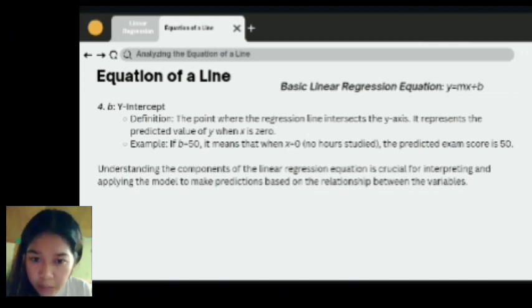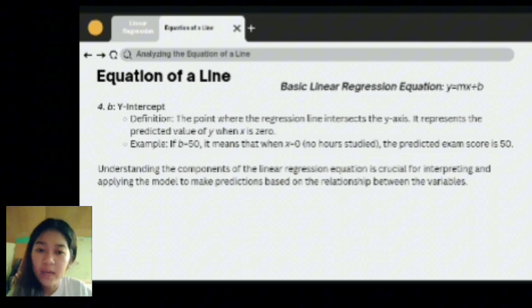So this is the basic linear regression equation, as you can see on the screen: y equals mx plus b. And b is the intercept, the point where the regression line intersects the y axis. It represents the predicted value of y when x is 0.